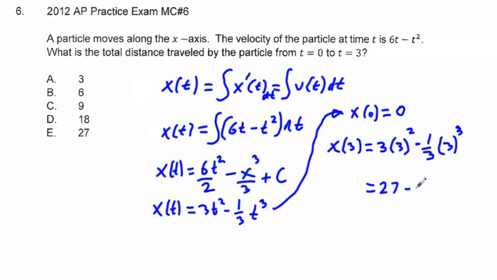And then we have minus 1/3 of 27. 1/3 of 27 is going to be 9. So 27 minus 9 is 18. So that'll be our total distance traveled, which is answer choice D.